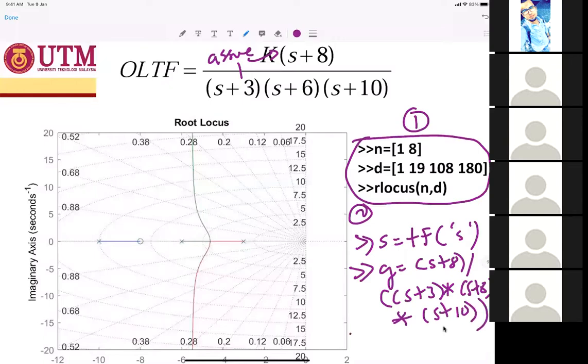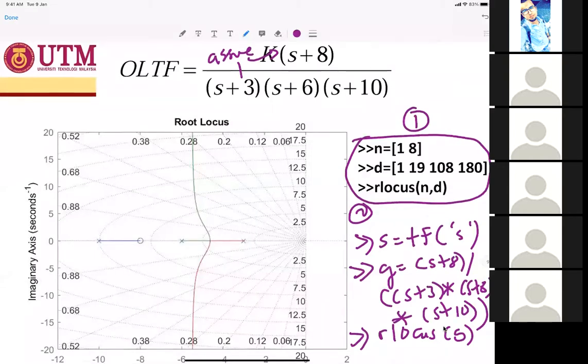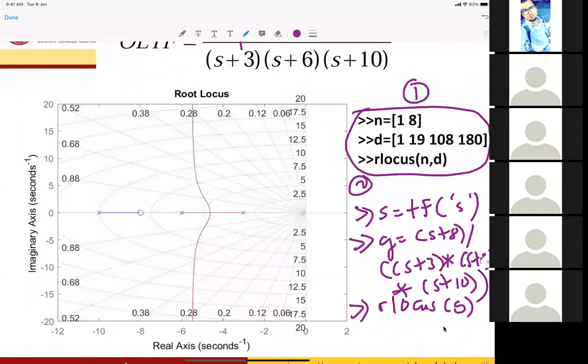Then rlocus G. Okay. So you will get this root locus plot, right? So how many root locus paths are in this drawing?